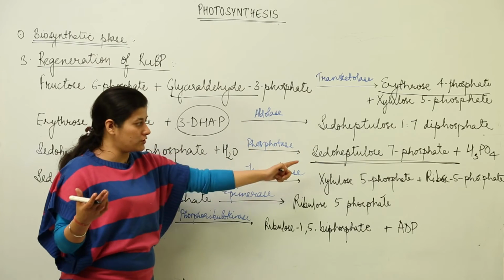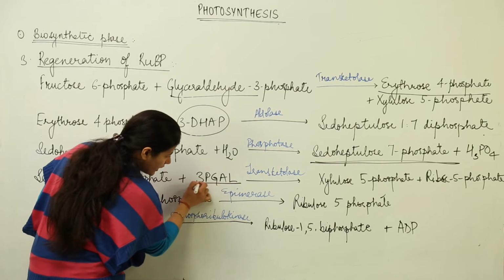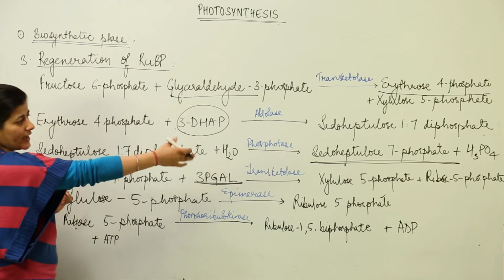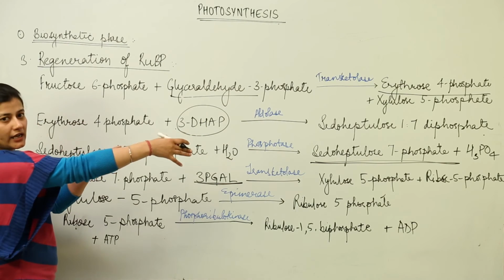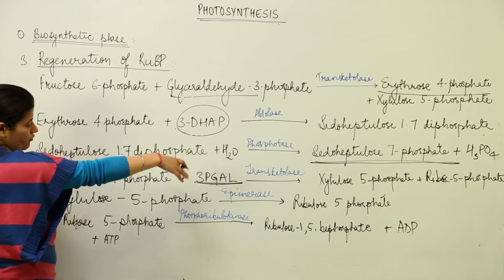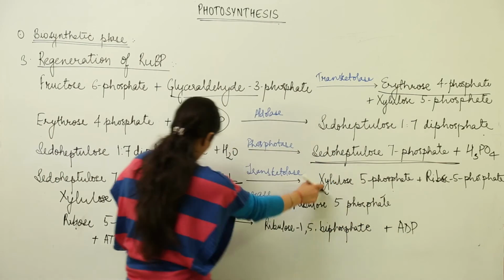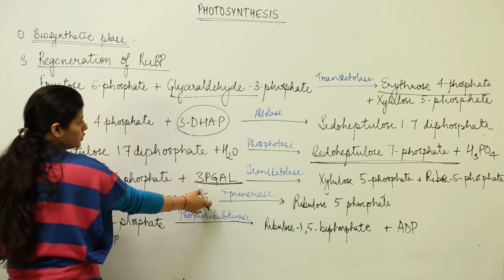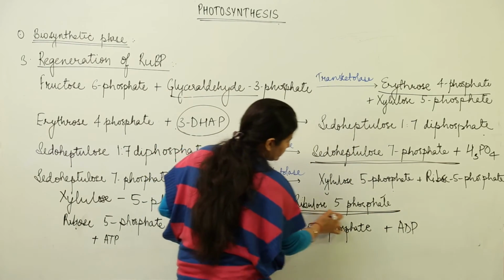Now, this pseudoheptulose 7-phosphate combines again with this 3-PGAL and forms xylulose 5-phosphate and ribose 5-phosphate. You have 10 carbon compounds and both of them form 5-carbon compounds. Now, this xylulose 5-phosphate would get converted to ribulose 5-phosphate.